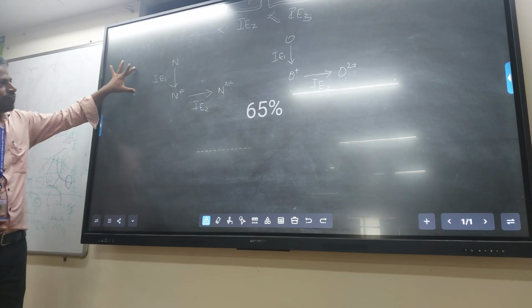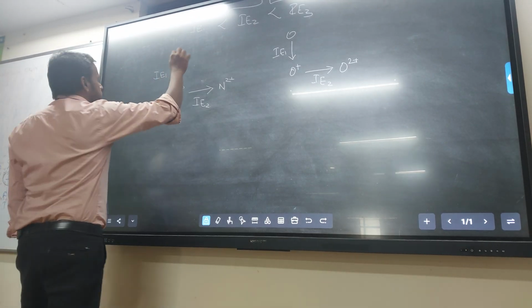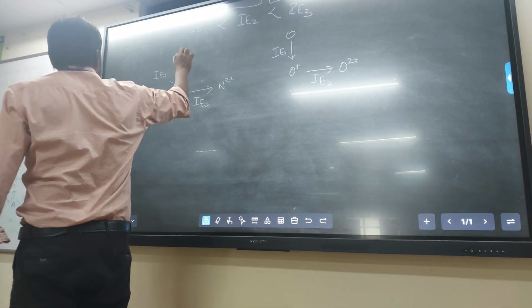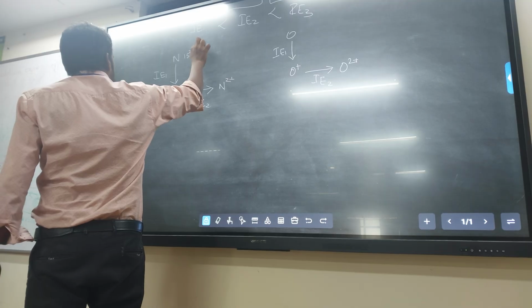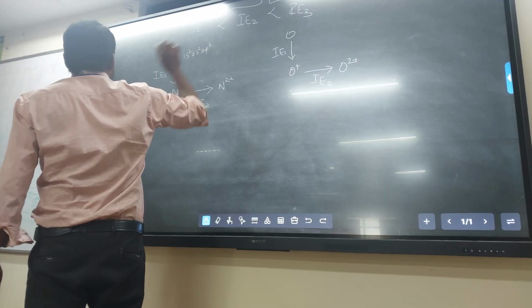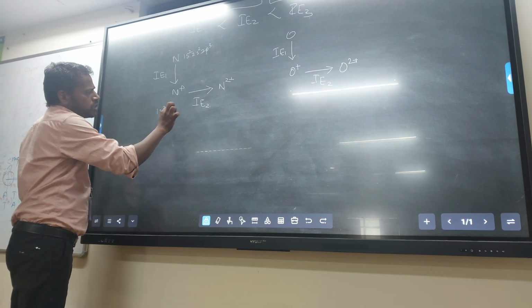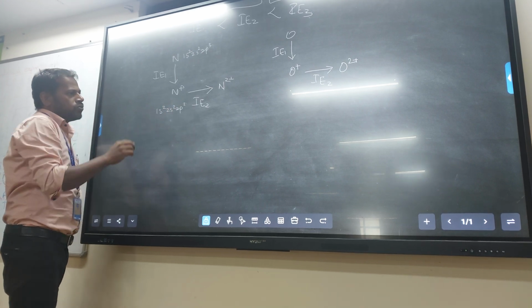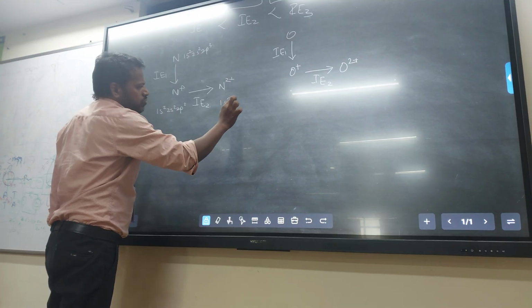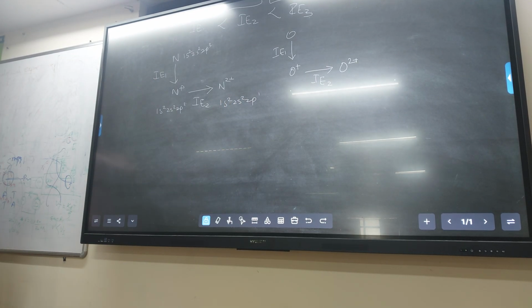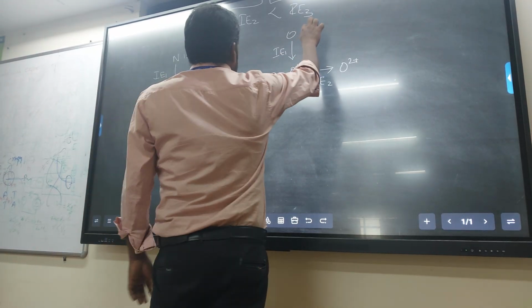For example, here what is our configuration? Nitrogen atomic number 7, 1s2, 2s2, 2p3. When you remove one electron, 1s2, 2s2, 2p2, and here 1s2, 2s2, 2p1, right? Similarly, you compare here.